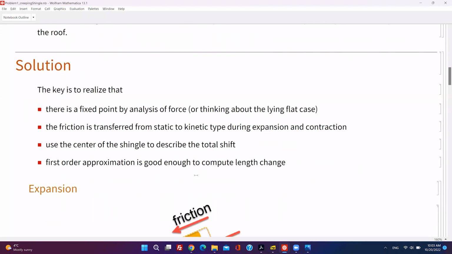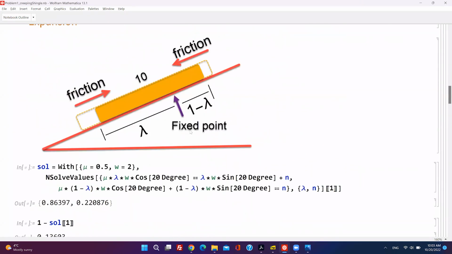Let's have an illustration. Say you have this shingle going through a thermal expansion process. Let's say it has a fixed point somewhere within the shingle, and let's think about the process of expansion. Once it grows longer, everything moves except the fixed point.